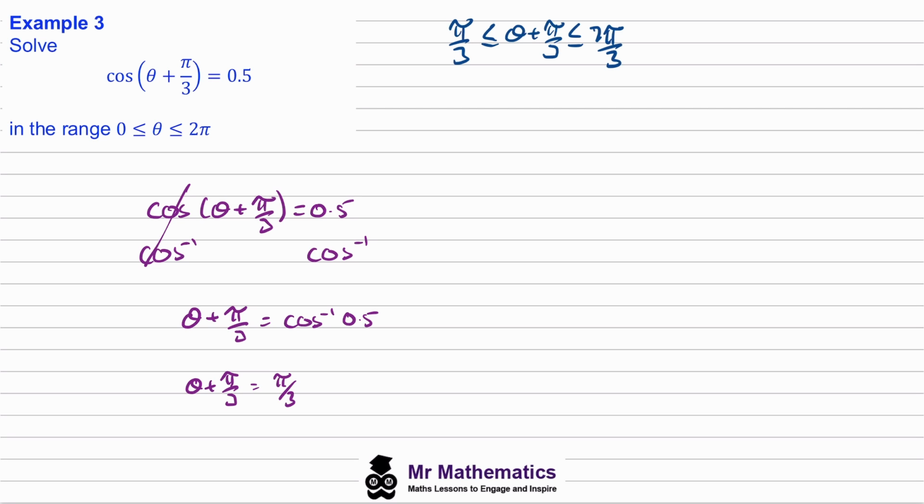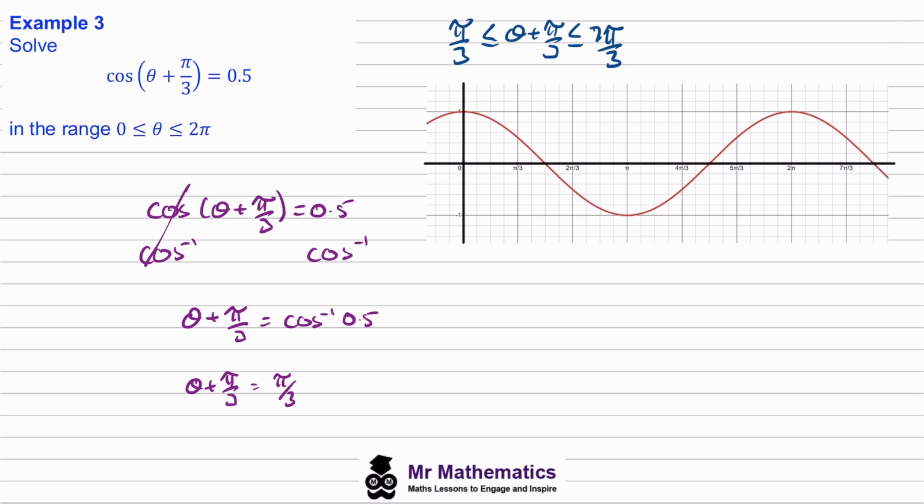And then we need to sketch the cos graph within our new range. So we're looking at solutions in the range of pi over 3 and 7 pi over 3. So I'll discount this region and this region.